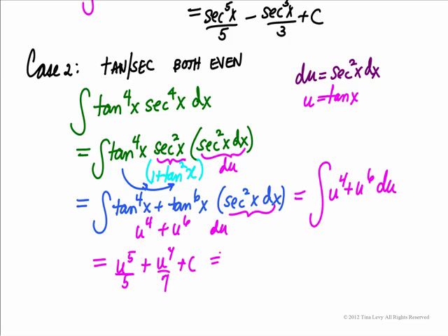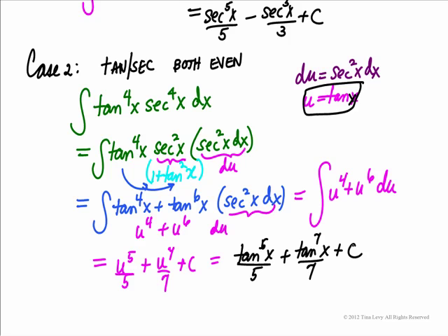But we always have to go back to the function of x. Because u is tangent x, we just write it as tangent x to the 5th power over 5 plus tangent x to the 7th power over 7 plus a constant.